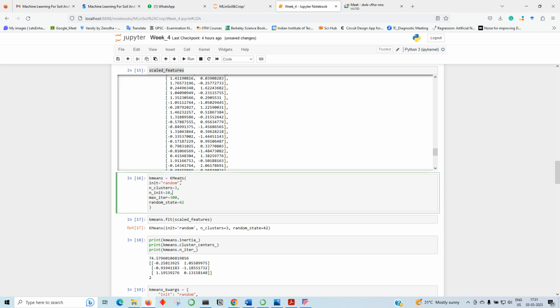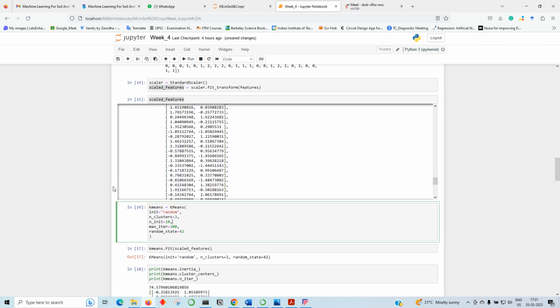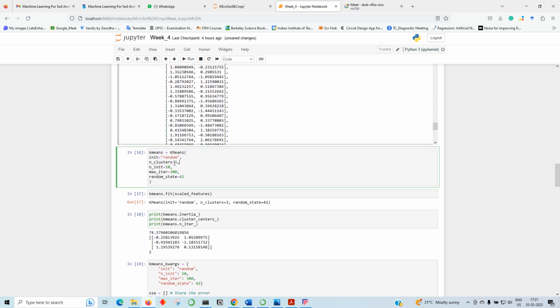So here are some input parameters for the k-means model. This init describes the initialization, which is going to be random. Clusters is 3. For now, just give 3, but you can have different values.